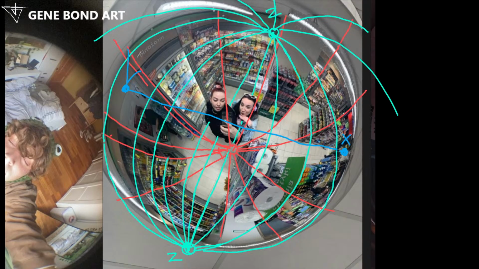So maybe I can take this purple. So this here, right? Yeah, it's going through Z, going through X, take bigger size. So it's like the camera eye level on this grid.